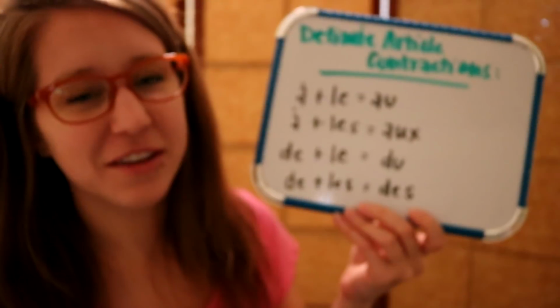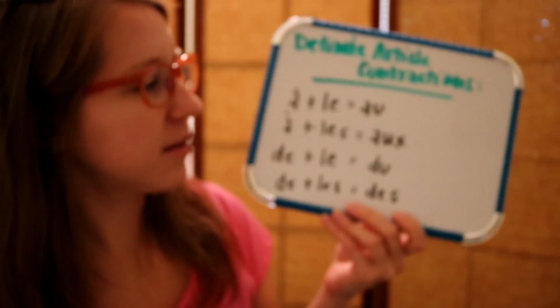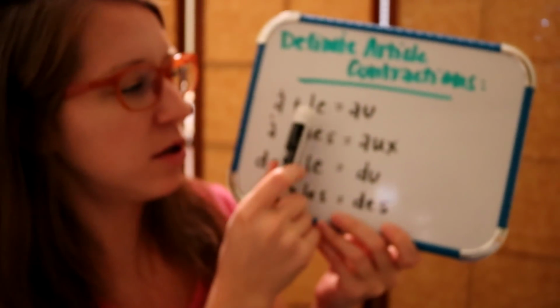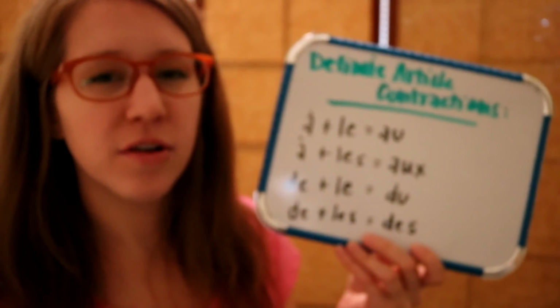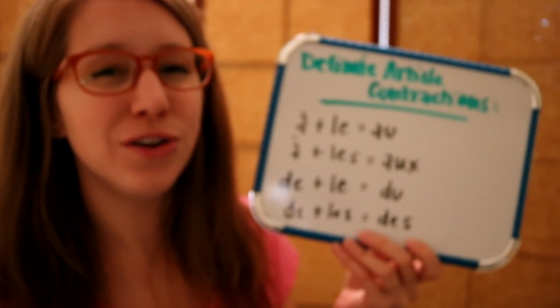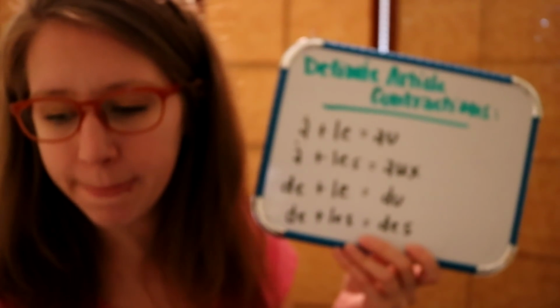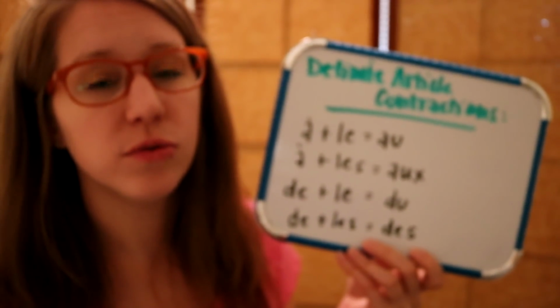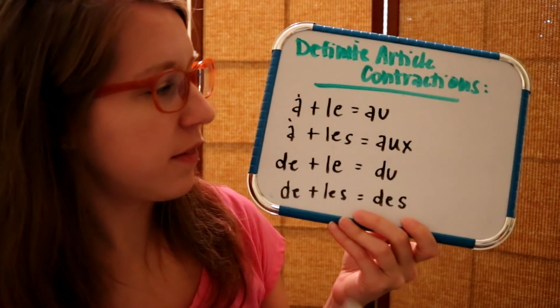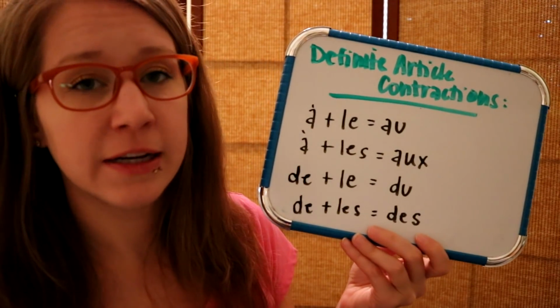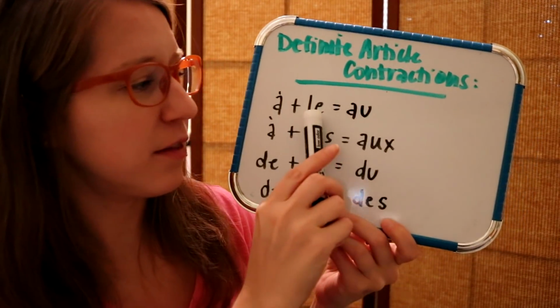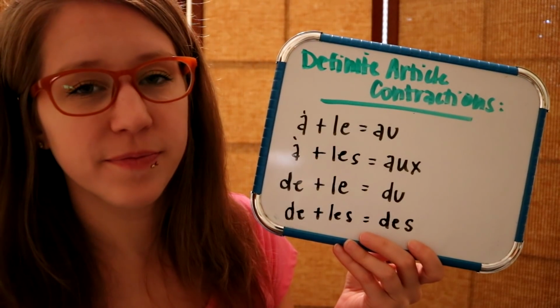But really what this sounds like in French is a, le. They're not gonna say a, le. So you might be saying like I'm going to the market. This is to, a, and this is the, le.